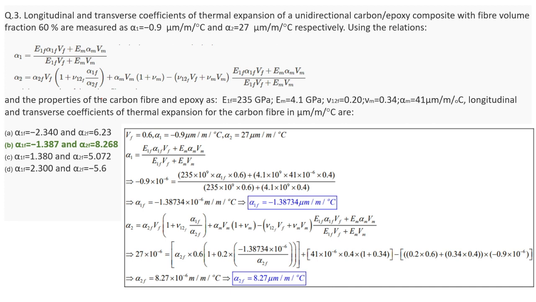So using the relations for alpha 1 and alpha 2 and the properties of the carbon fiber and epoxy, this is given E1F equal to 235 gigapascal, EM equal to 4.1 gigapascal, mu12 of fiber equal to 0.2, mu M 0.34, alpha M is 41 micrometer per meter per degree centigrade, and longitudinal and transverse coefficient of thermal expansion for carbon fiber in micrometer per meter per degree centigrade are.